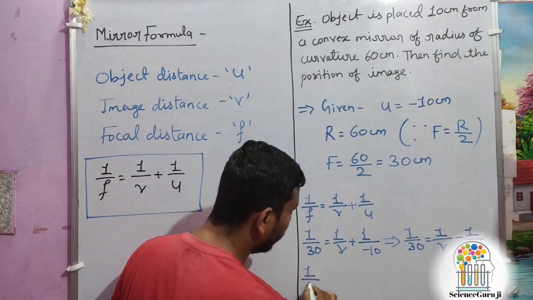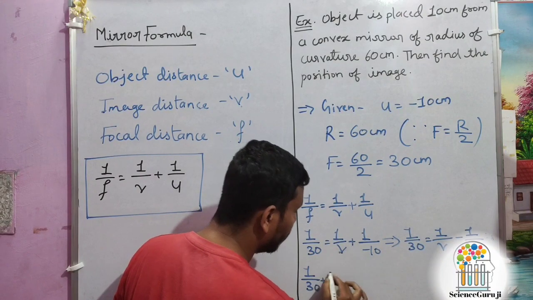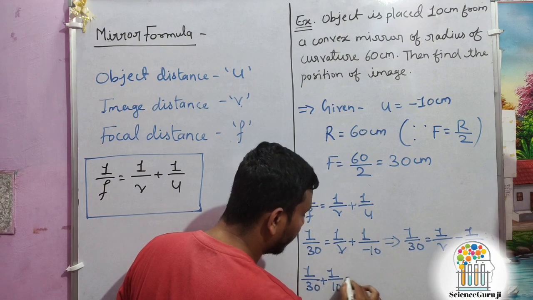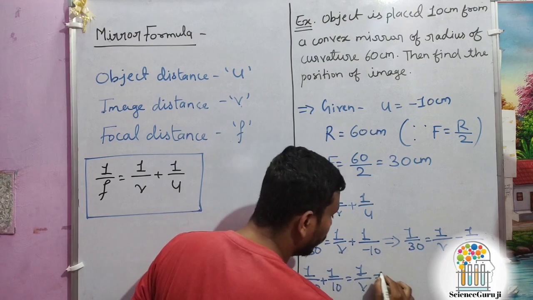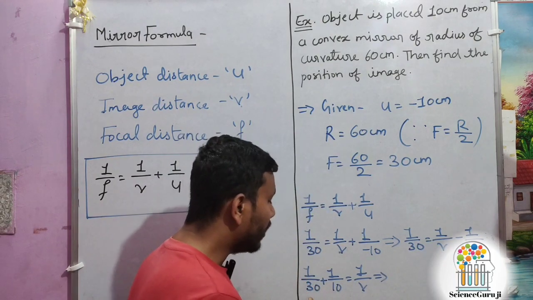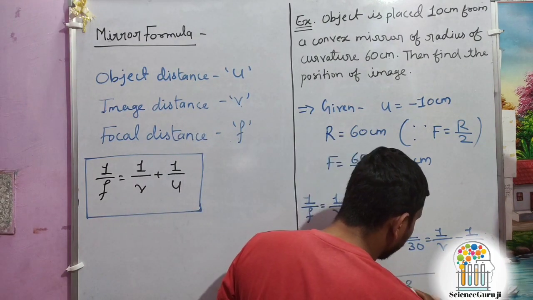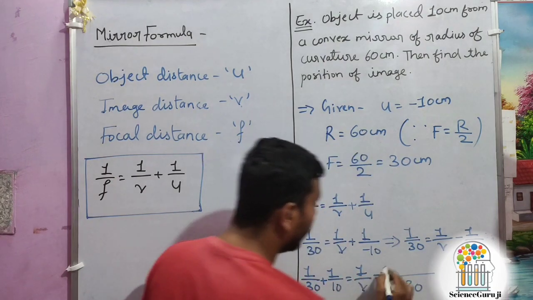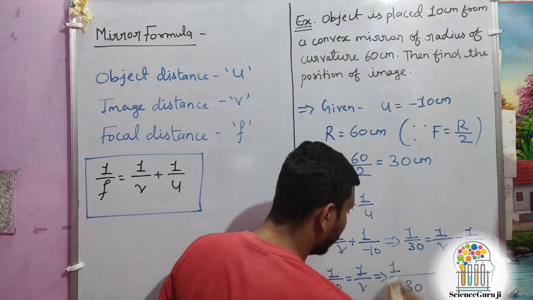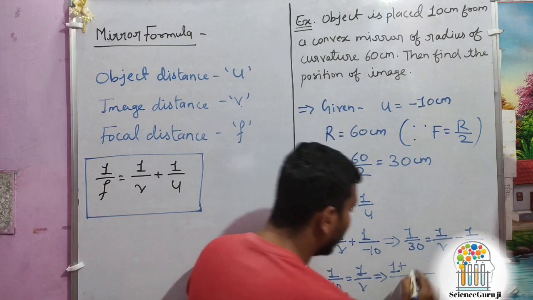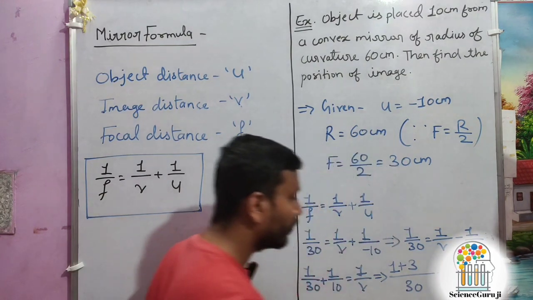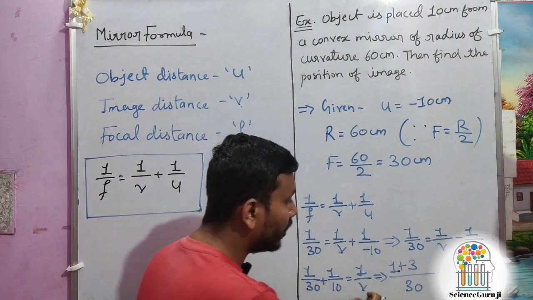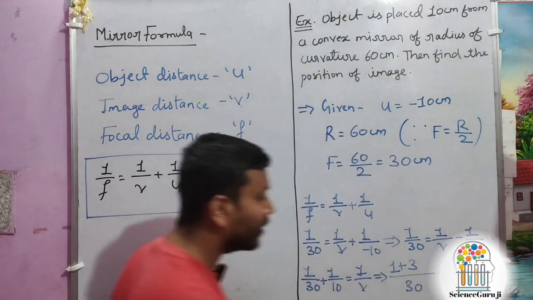So 1 upon 30 plus 1 upon 10 is equal to 1 upon v. Taking the LCM, which is 30, we get 1 plus 3, that is 4 upon 30. So 1 upon v is equal to 4 upon 30.